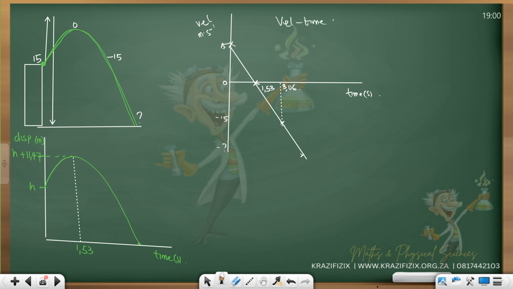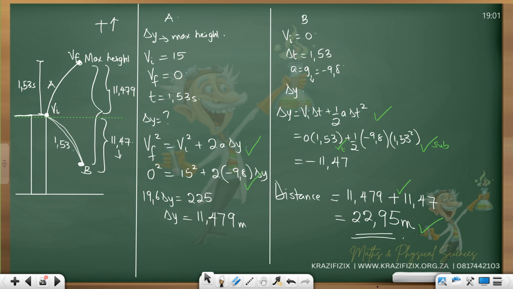Velocity, time graph. What did we choose again? We chose upward as positive, and that would be my graph. Please, this one should be longer than your graph. Your graph mustn't be longer. And that's my velocity time graph. What did they ask us to show? One minute. Just want to check something.